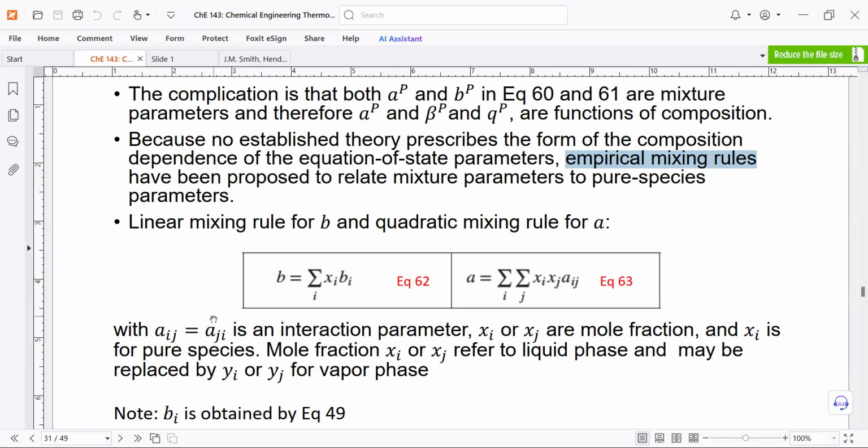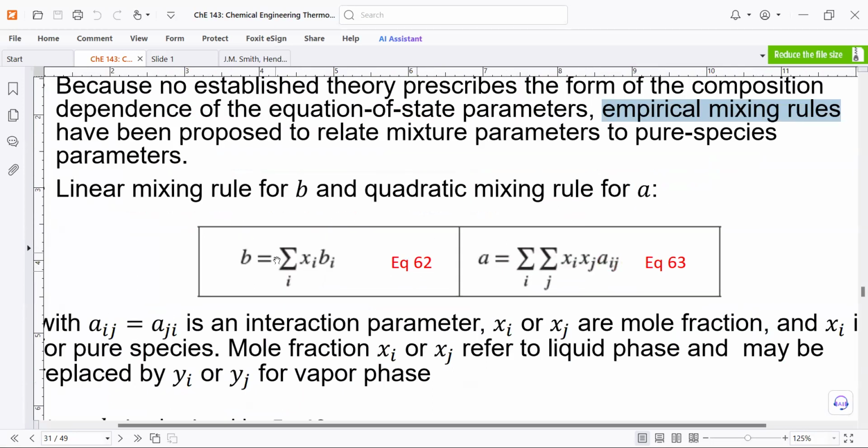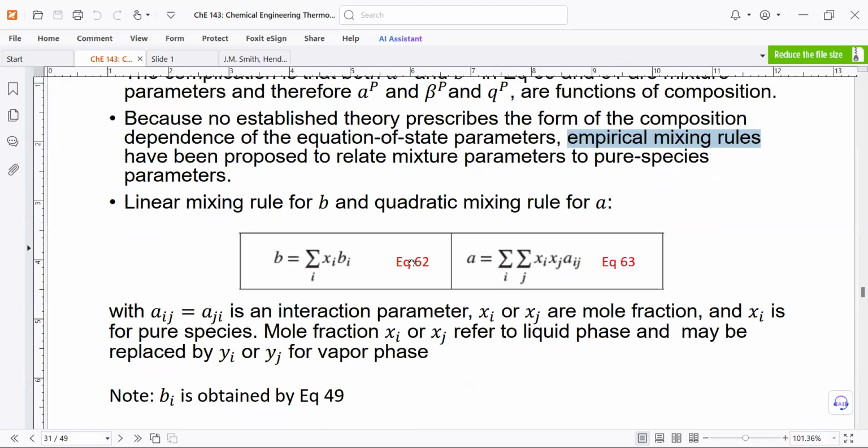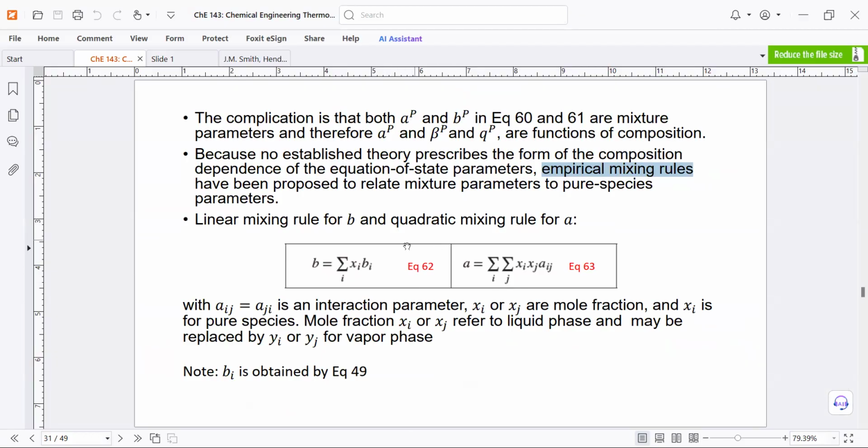So whether we start with I or we start with J, it's just equal. And then x are the mole fractions. Another thing is that these mixing rules are not just applicable to the liquid phase. We can replace x with y sub I, and this would make it applicable as well for the vapor phase. So you can put in y here, y here. These are also the same mixing rules in the vapor phase.